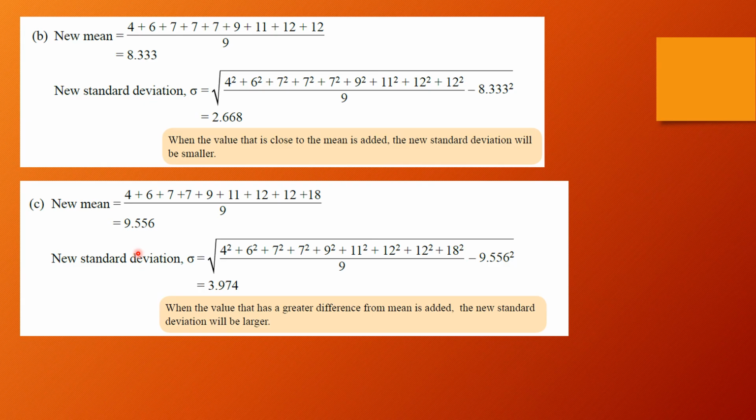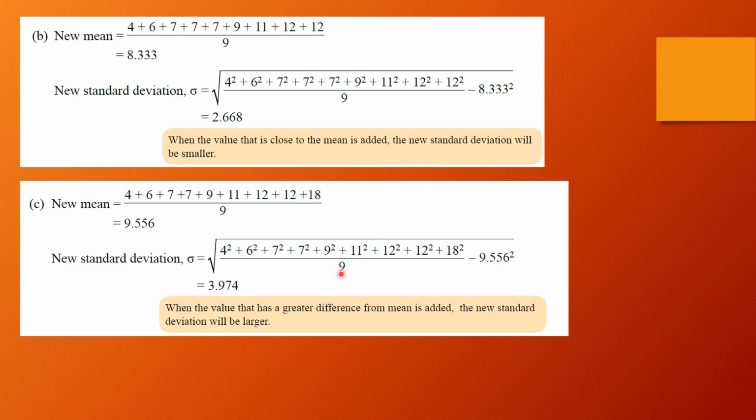Okay, next we look at part C. 18 is added, just now it was 7. Now 18 is added. So your new mean is 9.556. That means 18 and 9.556 have a greater difference, quite a big difference. Then you find the sum of squares divided by 9. Why do you divide by 9? Because you have added one value, 18.